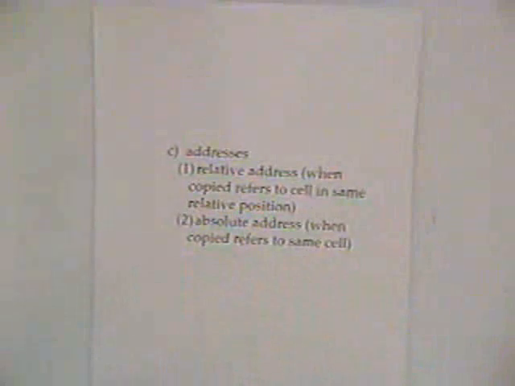A relative address means that the cell address is stored in a way that defines it relative to the cell that it is put in. In other words, if you define a cell with a relative address, what the spreadsheet actually stores is information for that cell in terms of the cell in which you put the address.